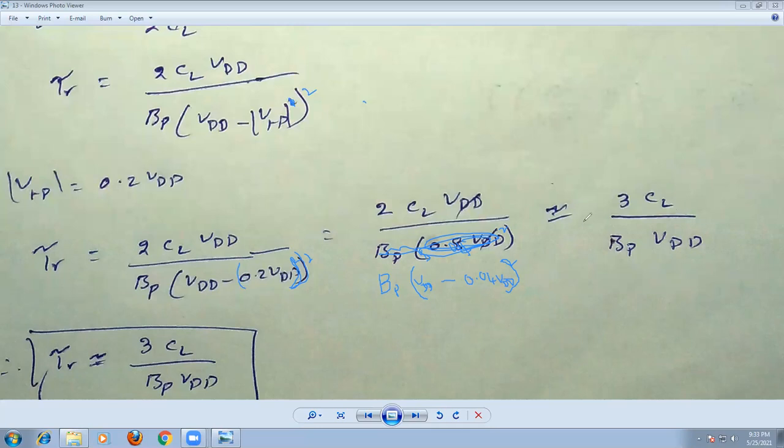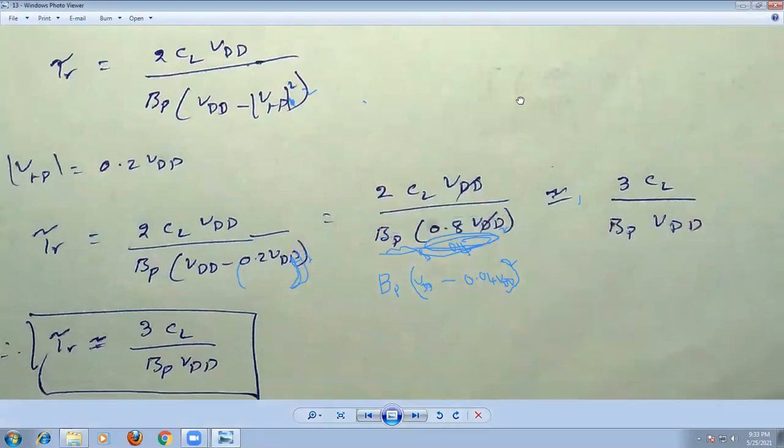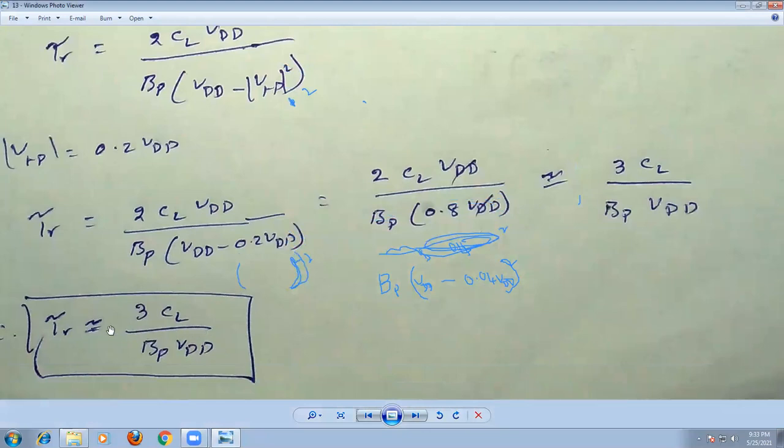So now, substituting all these values, you'll get this equation. Rise time is equal to 3 times CL divided by beta P into VDD, right? Just remember here, TR is equal to 3 into CL divided by beta P times the value of VDD.